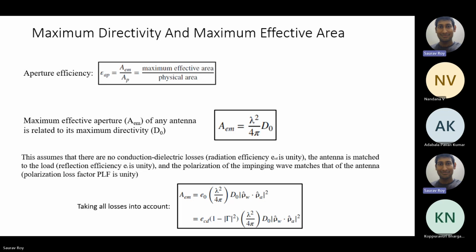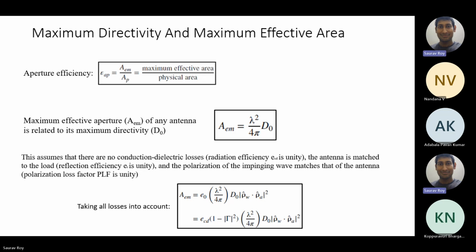Now it is always talking about maximum directivity and maximum effective aperture area. So what happens if there are other kinds of losses? The previous equation assumed that there are no conduction dielectric losses. That means e_cd, or radiation efficiency, was unity, and the antenna was matched to the load.